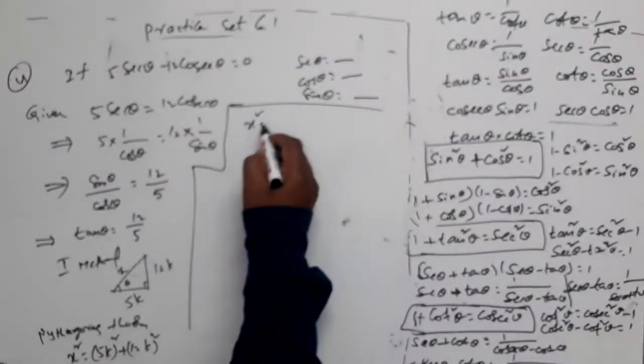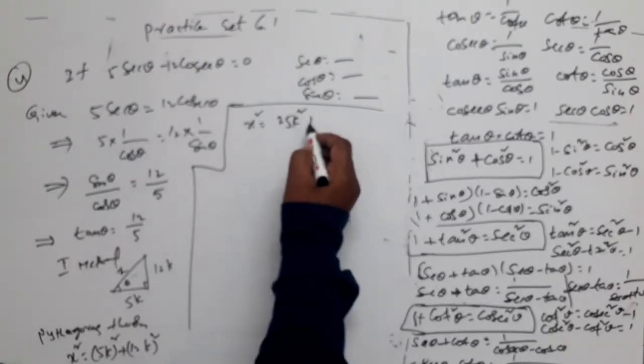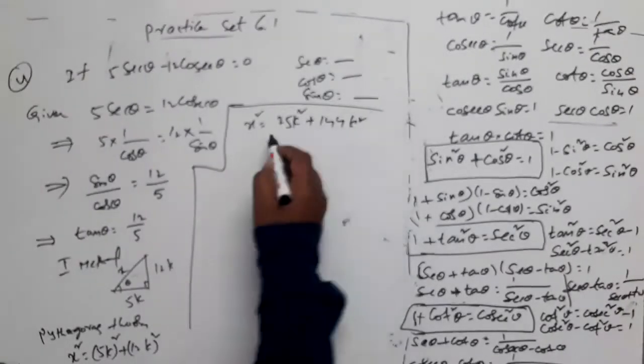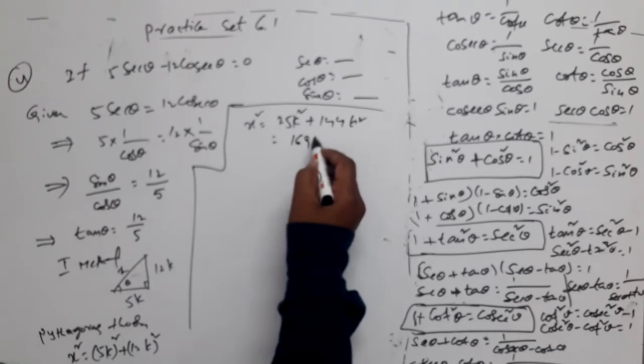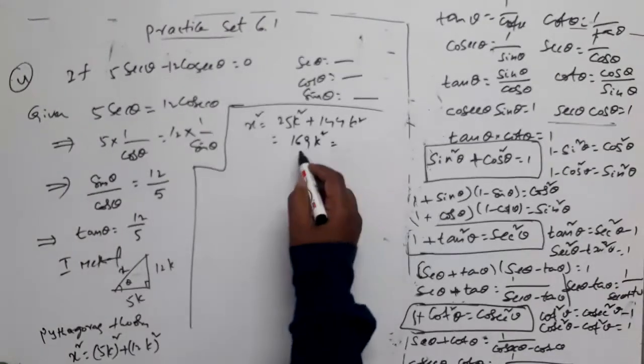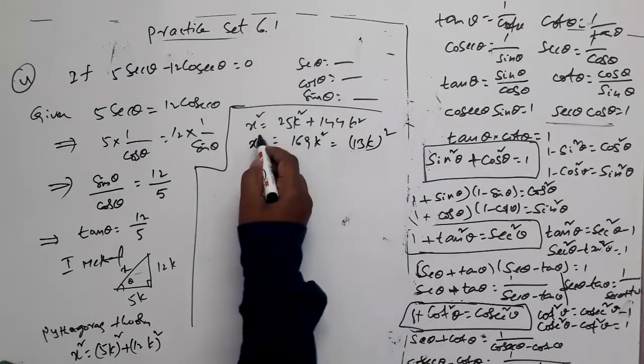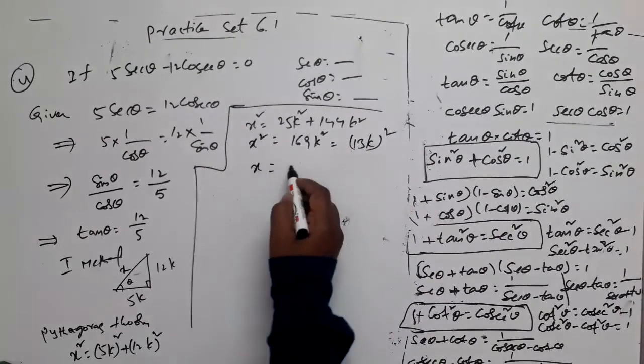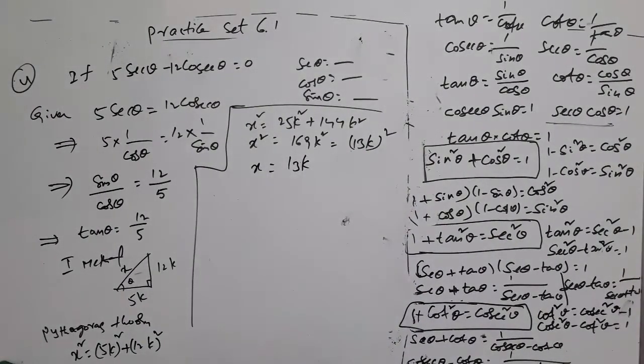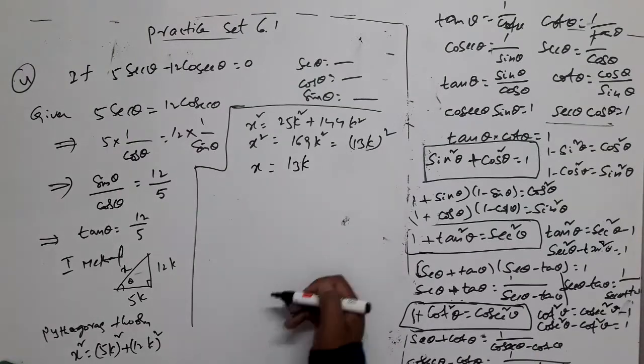So X square is 25K square plus 144K square, that is 169K square. 169 is 13 square, so that is 13K whole square. So from this I have X is 13K.